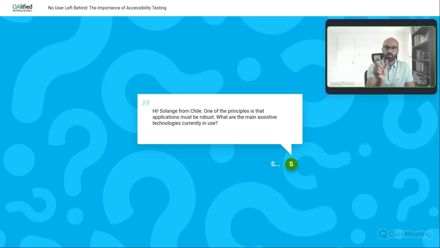That terminology that we're using, there are different ways that we can define it. It's a variety of ways. It could be a little in a gray area, so we got to be a little more clear. We got to ask what exactly would define robust here in our application. The application is ABC, and based on that definition, what are the main assistive technologies currently in use?